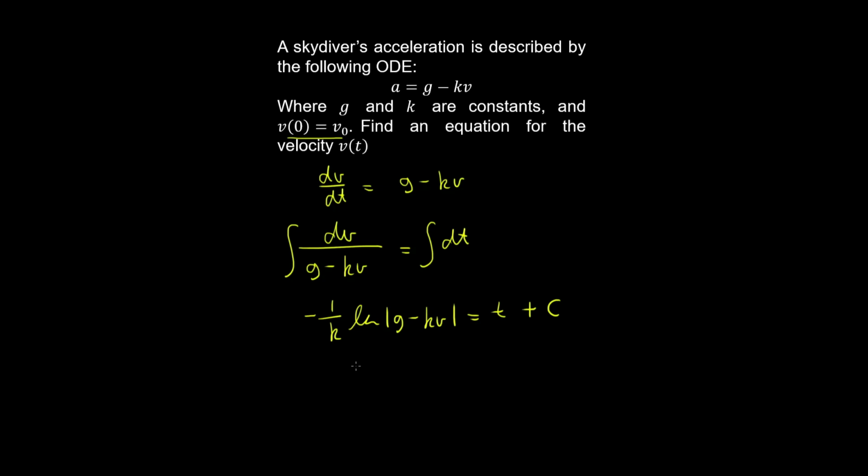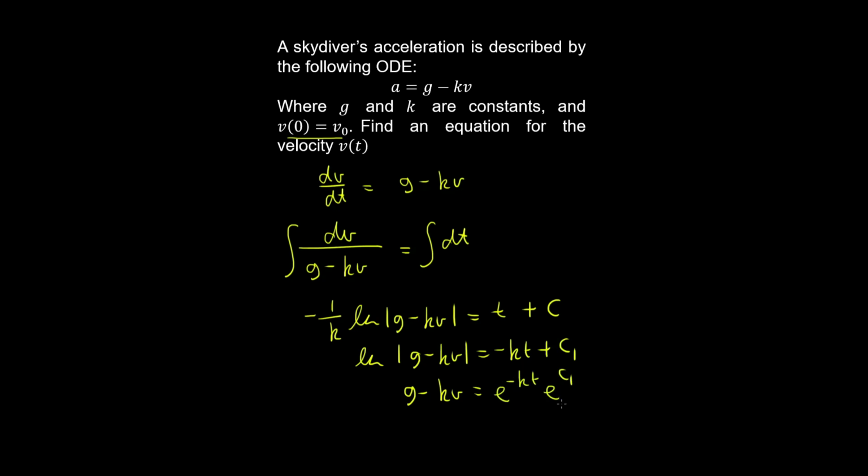And from here you can manipulate it, so you have the natural log of g minus kv is equal to minus kt plus some other constant. And if you take e to the power of both sides, we get g minus kv is equal to e to the minus kt plus c1, which is the same thing as e to the minus kt times e to the c1.